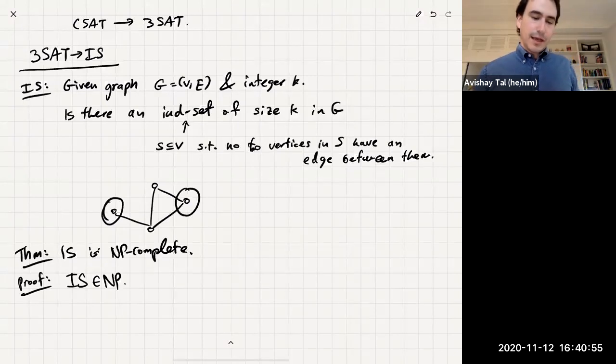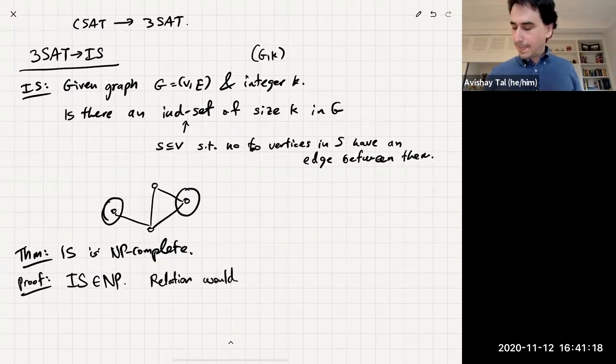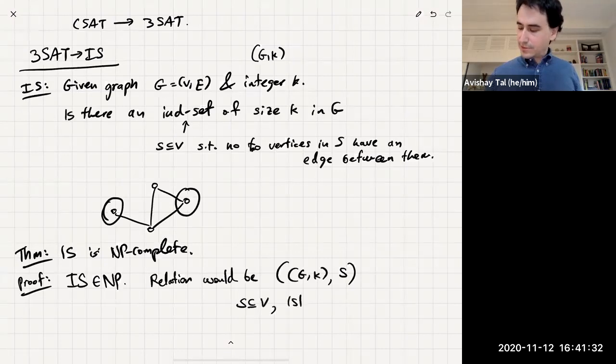If I give you the graph and k, what would be a relation that would recognize whether this is an instance of independent set or not? The input, recall, is this tuple, both G and k. So the relation would be: on inputs G and k, the output would be the set S such that S is a subset of the vertices, of size k, and an independent set.